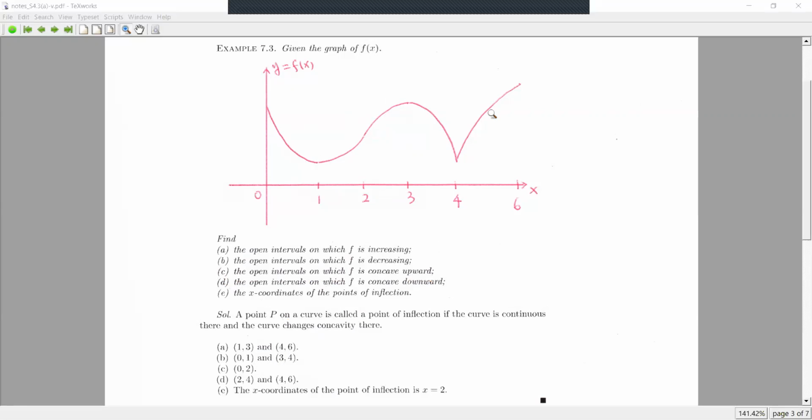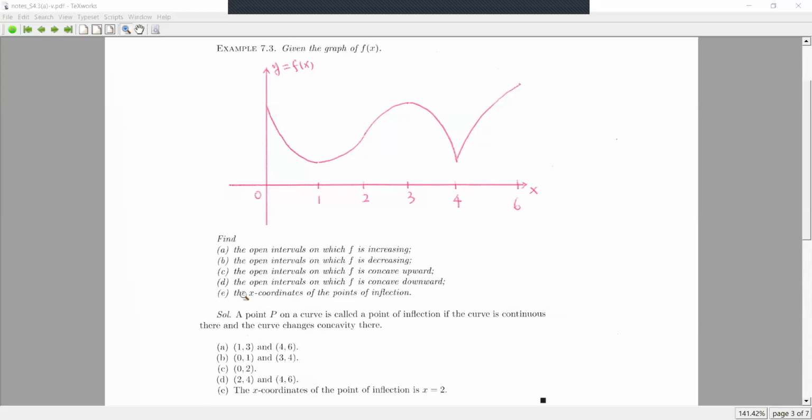The other parts are not concave up. So the answer to the third question, which open interval on which the function is concave up? The answer is 0 to 2, concave up.